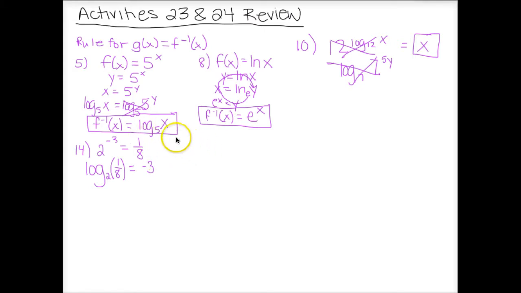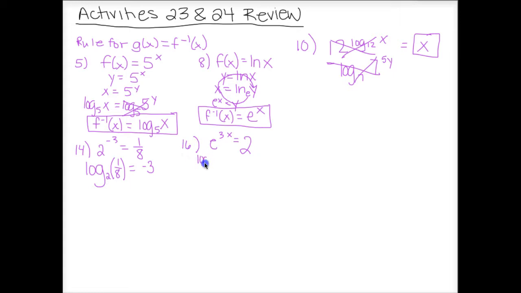If we want to go the other direction, let's look at, say, number 16, where we're having a different base here. So same idea, we're writing it as a logarithmic equation now, but remember, we don't write log base e.